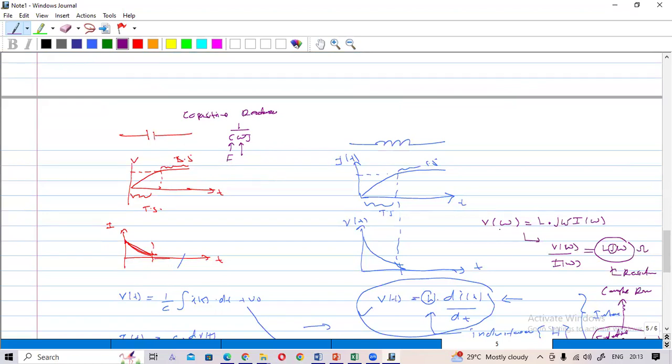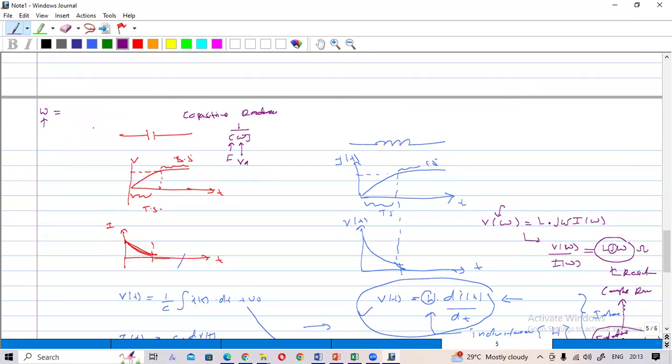This V omega is a frequency domain, and if V is changing, this omega is considered as the frequency. So this is the frequency of the signal that is in. So this omega is actually angular frequency. So you need to know these things also for the measurement.